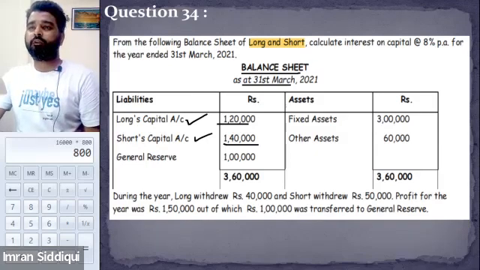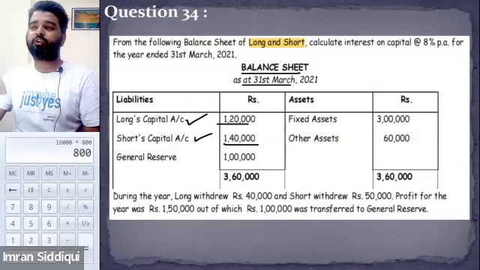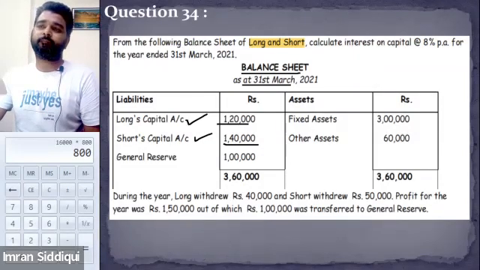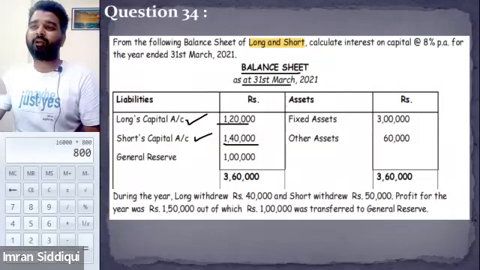So let me also tell you that in this question, the closing capital is 1,20,000 and 1,40,000. And also see in the last line, it says that during the year Long withdrew 40,000 and Short withdrew 50,000. The information of the drawings is also given in the question, right? And it also says that the profit for the year was 1,50,000, but out of which 1 lakh was transferred to the general reserve.